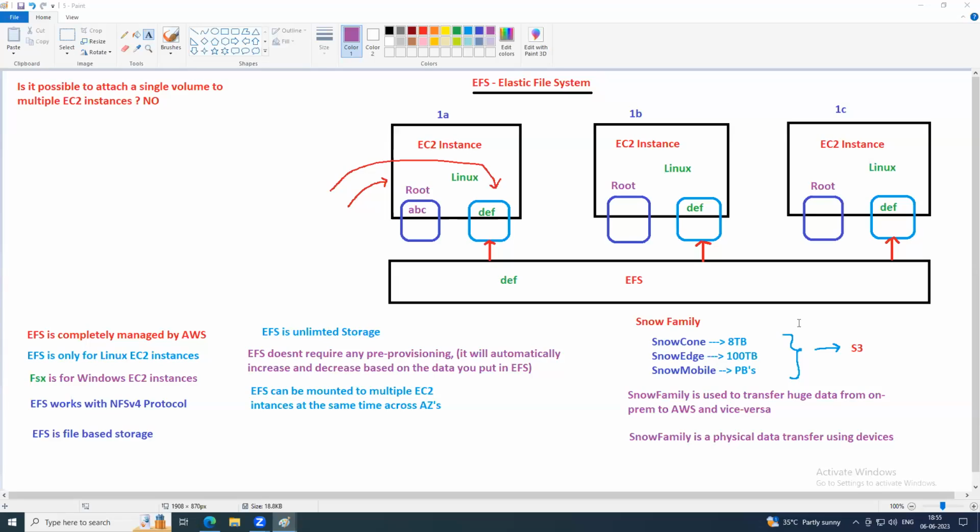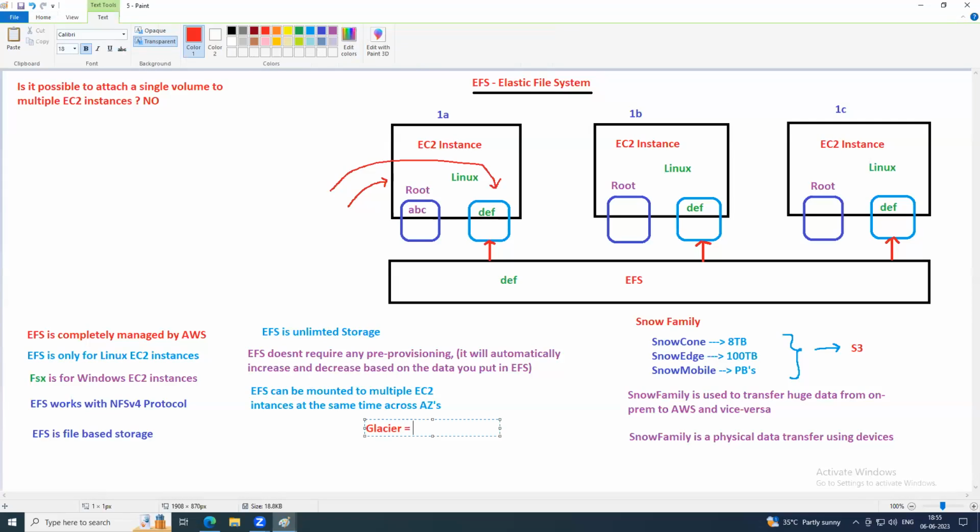You know what is archive? Zip it. Archiving is nothing but zipping. So you zip that and keep it somewhere. So here also, if you are not using your data frequently and you want to store it somewhere at a cheaper price, AWS came up with a service called Glacier.